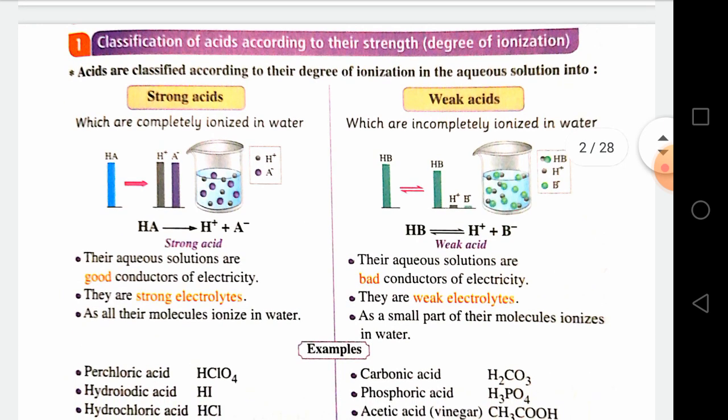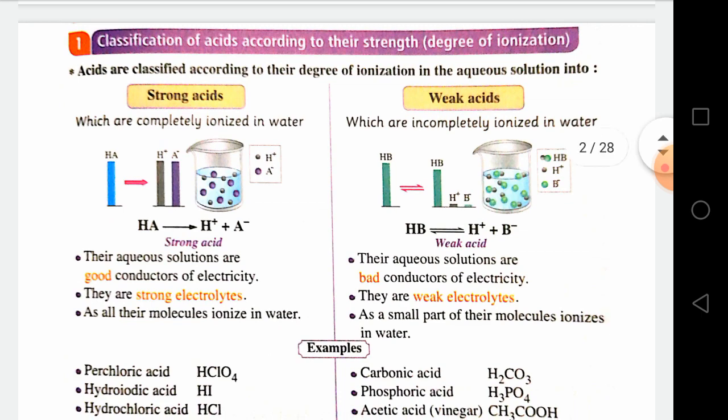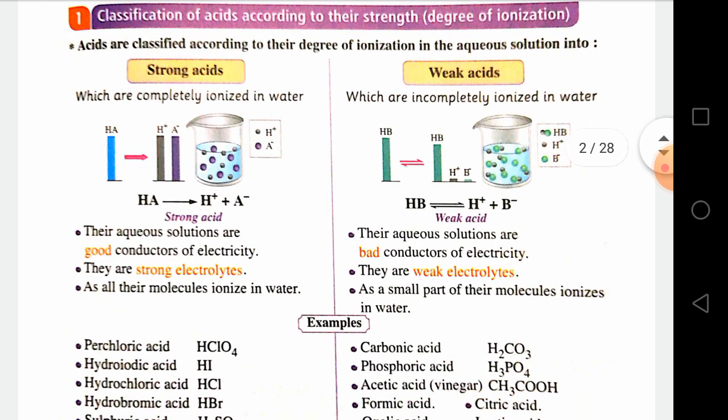While the acid which is incompletely ionized when dissolved in water is called a weak acid, and the ionization equation will contain a double arrow in the two directions, backward and forward, because some molecules are ionized and the others are not, and this will be in a dynamic equilibrium.